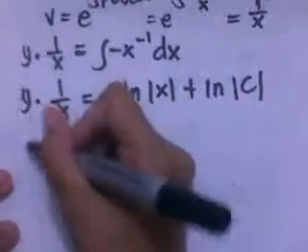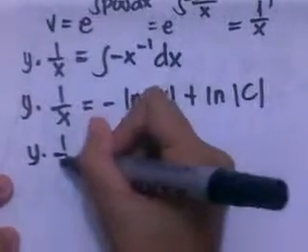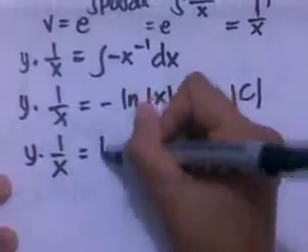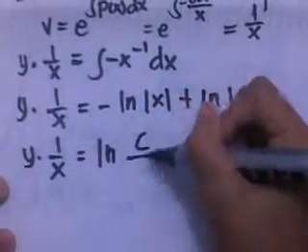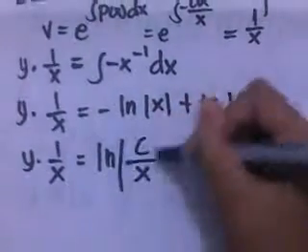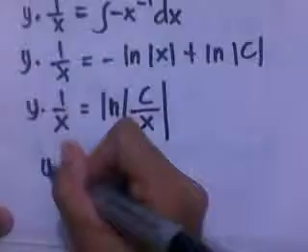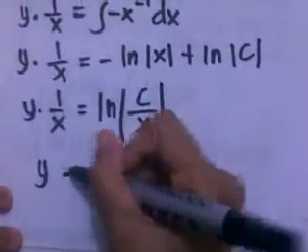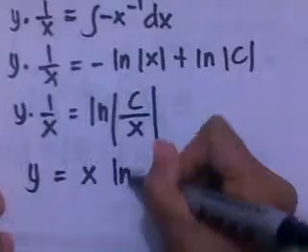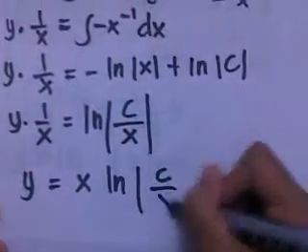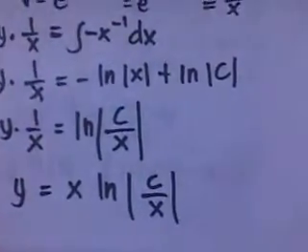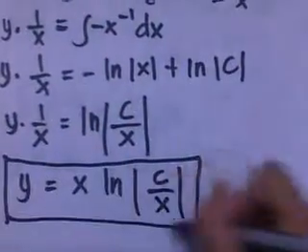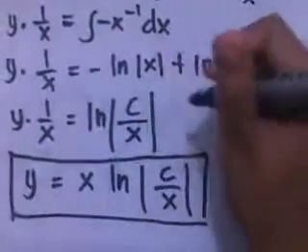And then it now becomes y times 1 over x equals ln of c over x. And then the value of y is y equals x ln of c over x. Here is now our answer to the linear first-order equation.